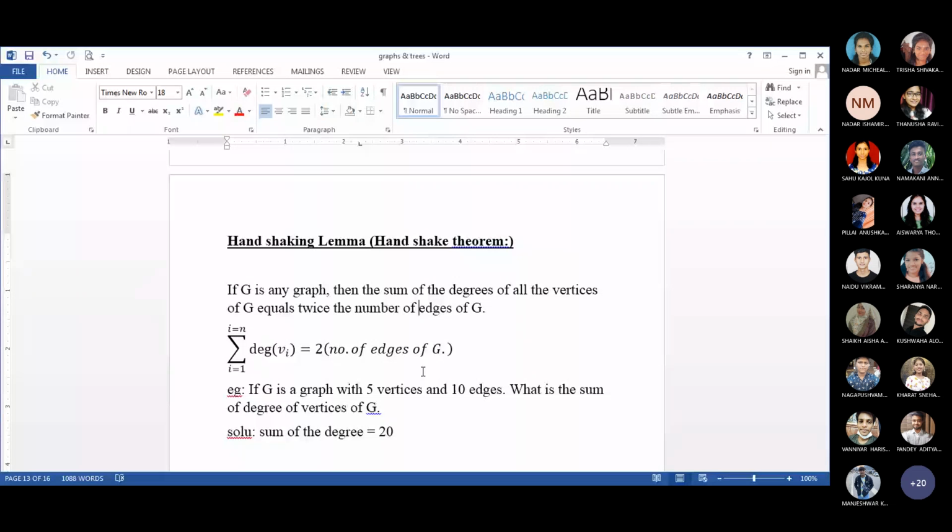Meaning the total of the degrees will be the same as 2 times the number of edges of the graph. So it says the summation of degree of vi, where i goes from 1 to n, is 2 times the number of edges of G.